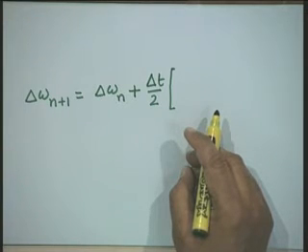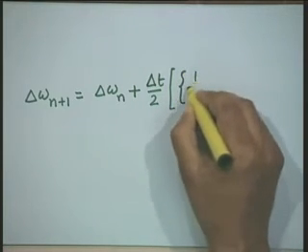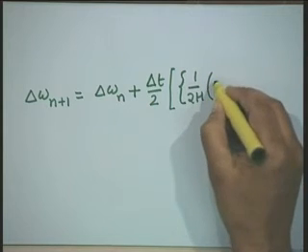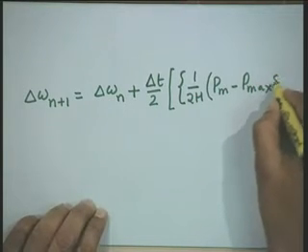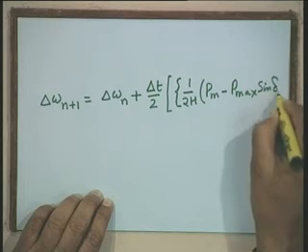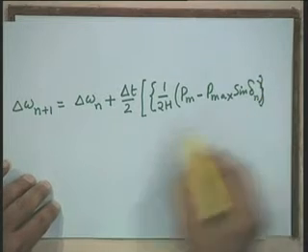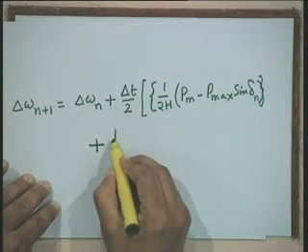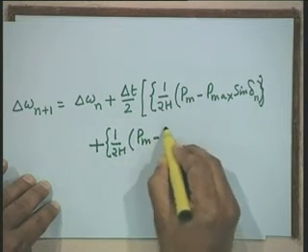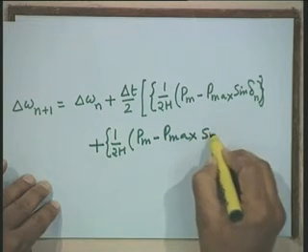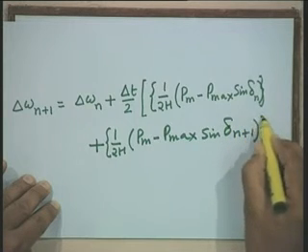In this expression I will write 1 by 2H, I am not substituting the values, 1 by 2H (Pm minus Pmax sin delta n), close this bracket, plus 1 by 2H (Pm remains same, Pmax sin delta n plus 1), close the bracket here.